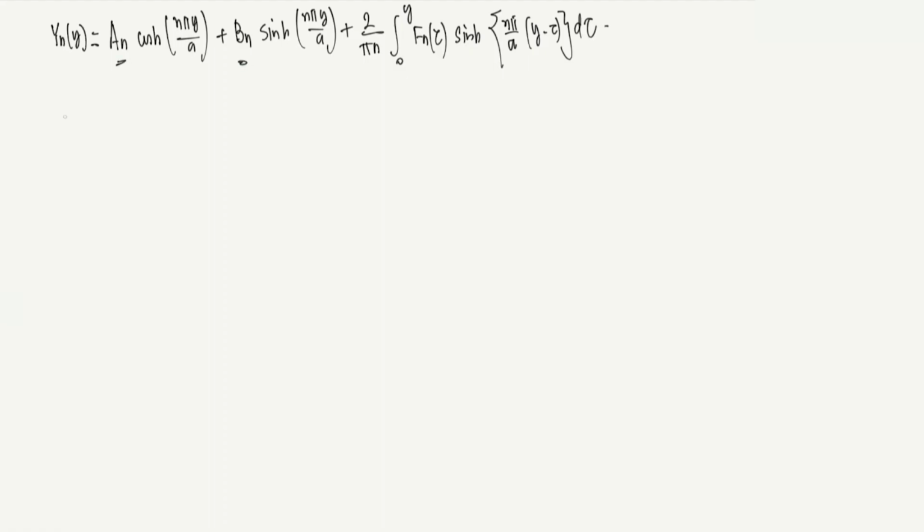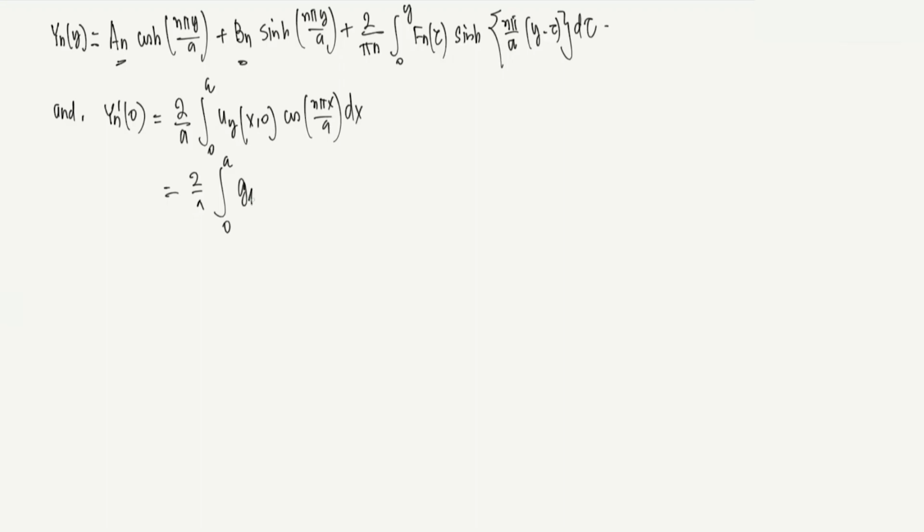They are like this. You see, y_n prime of 0 is nothing but 2 by a integral from 0 to a of u_y with respect to x at 0, times cos(n pi x / a) dx, which is 2 by a integral from 0 to a of g1(x) cos(n pi x / a) dx.